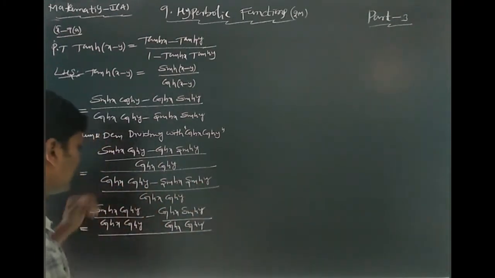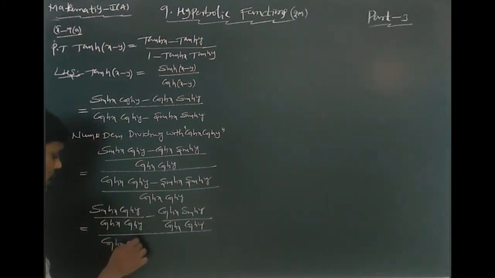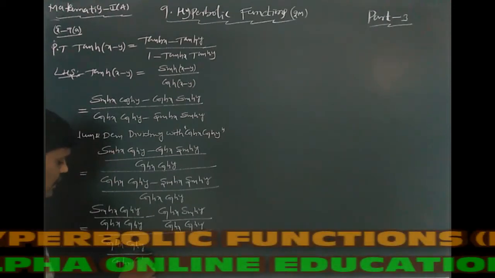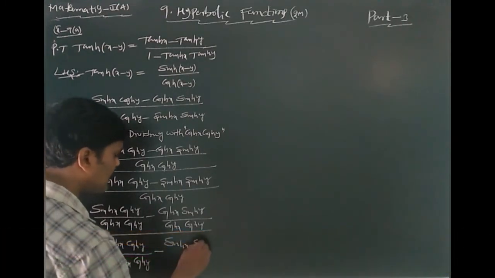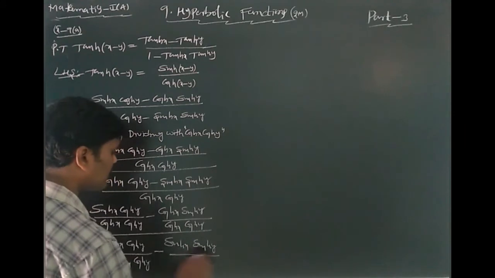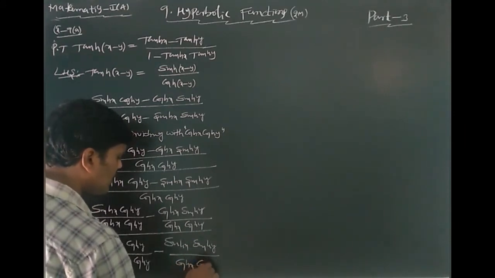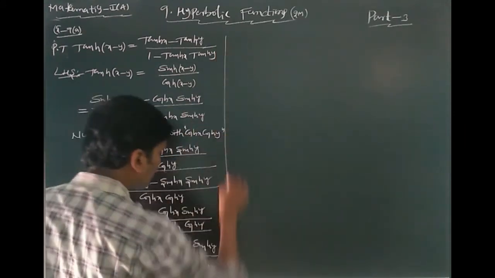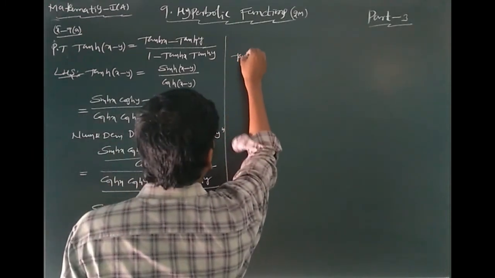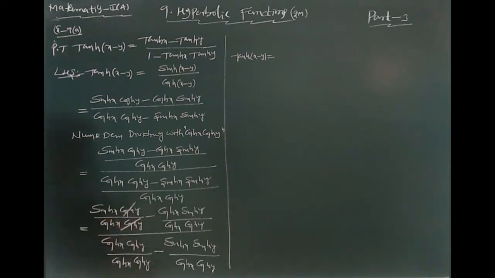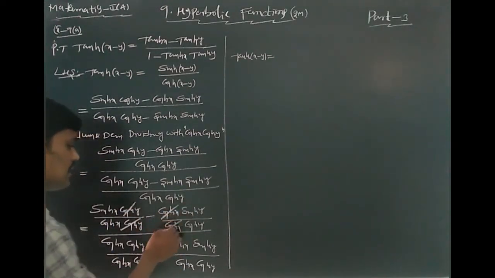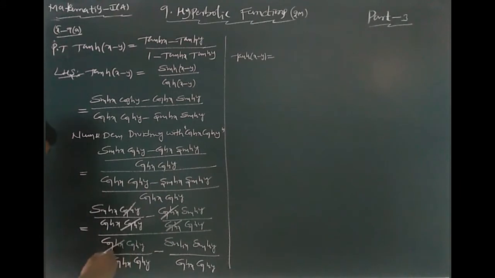The denominator can also be separated: cosh x into cosh y whole by cosh x into cosh y minus sinh x into sinh y whole by cosh x into cosh y. After that, we can write tanh of (x minus y) equal to, here cosh y gets cancelled, cosh x gets cancelled, and here cosh x cosh y gets cancelled.